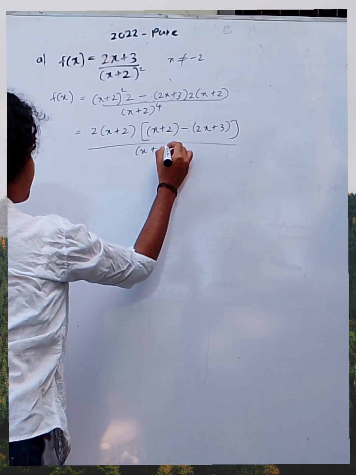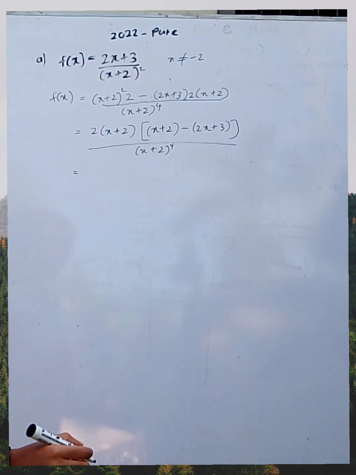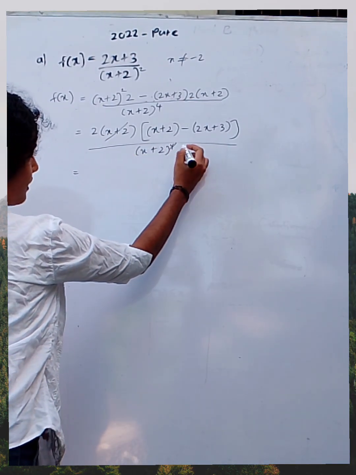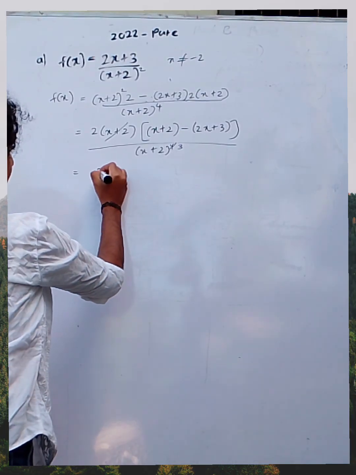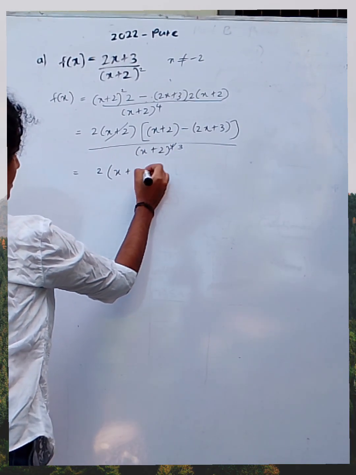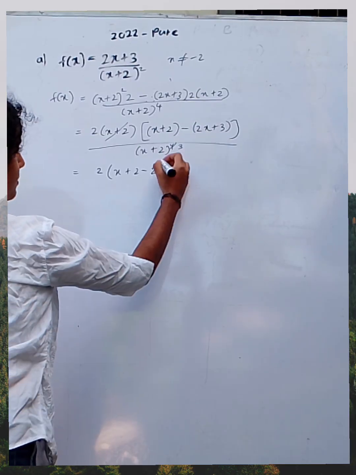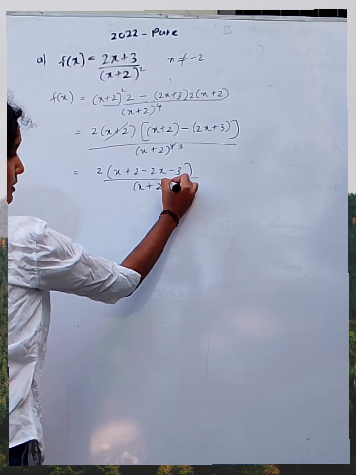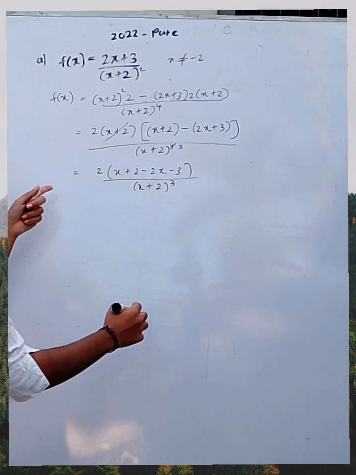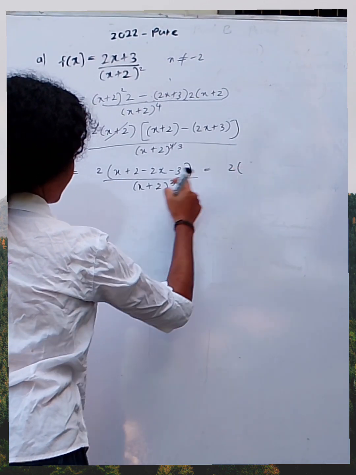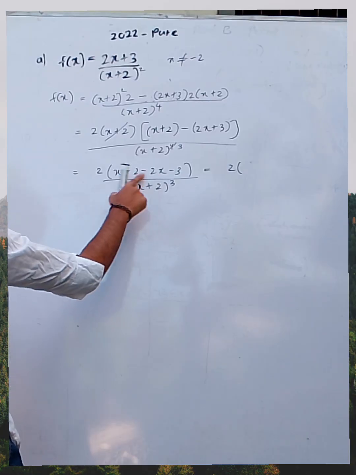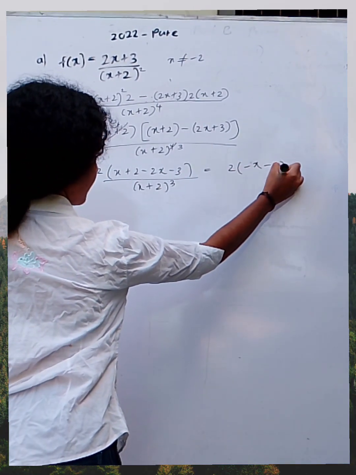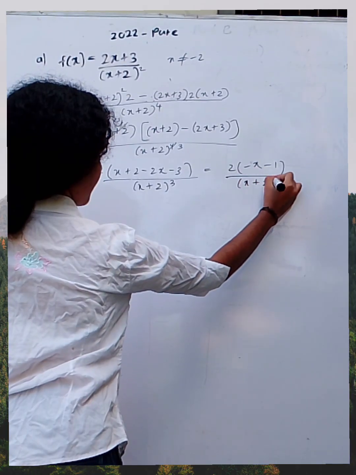Afterwards just simplify this. We can put this with the denominator, that will become power 3, then there will be 2 here, x plus 2 minus 2x minus 3, and the denominator will be x plus 2 to the power 3. After you simplify this you get 2x minus 2x plus x, that's minus x, and minus 3 plus 2 is minus 1, divided by x plus 2 to the power 3.